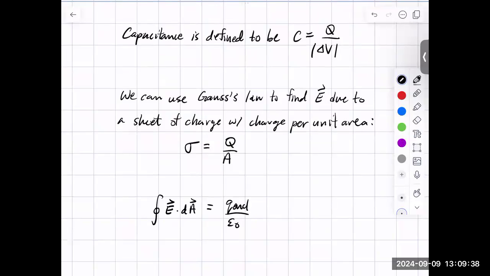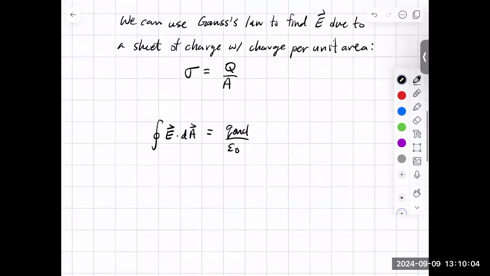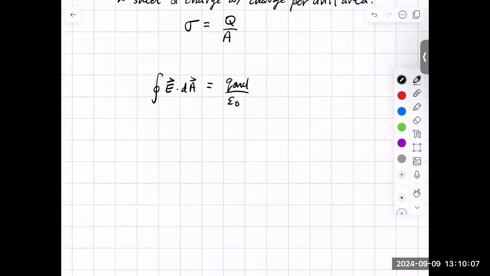What we had to do is define a Gaussian surface, a surface that encloses some amount of charge. That enclosed charge is this Q enclosed here. And then we have to try to evaluate that integral. That's only easy to evaluate if we have a geometry where the electric fields are, say, perpendicular or parallel to our areas. But we can do that in this case if we had our sheet of charge.